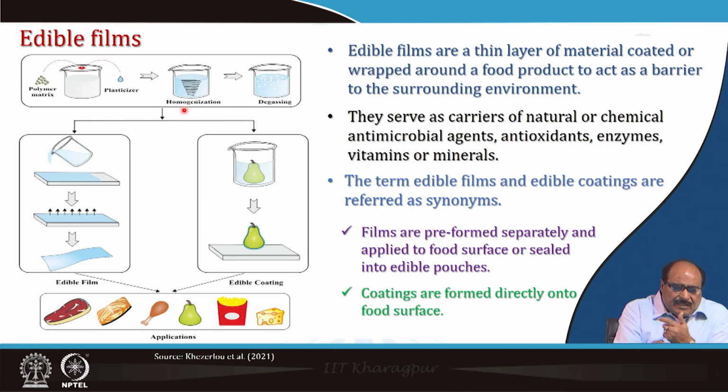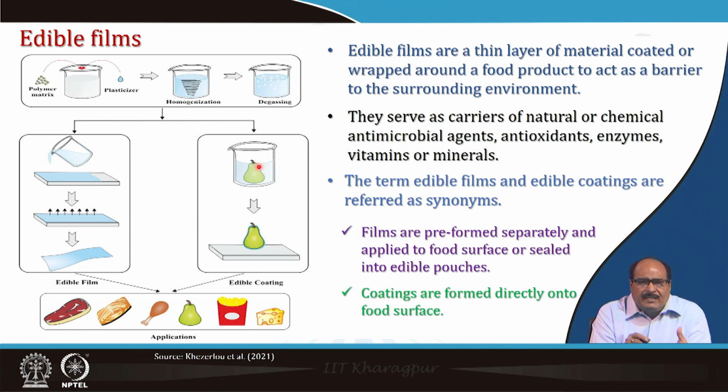Now, this homogenized material is poured on a thin platform or surface and dried and you get a thin film, or in this solution, either by using spraying technology or such other technology, the fruit or vegetable is directly dipped into this solution, and a thin coating is formed.